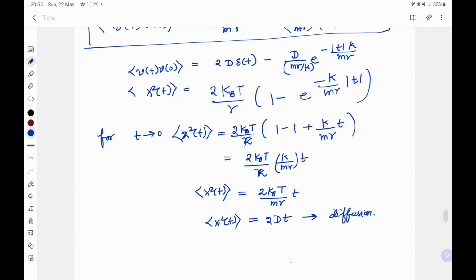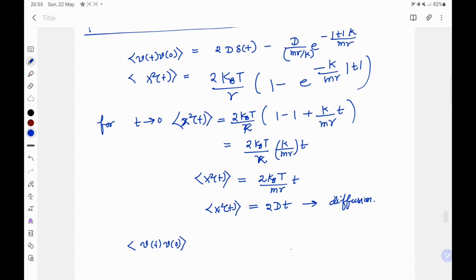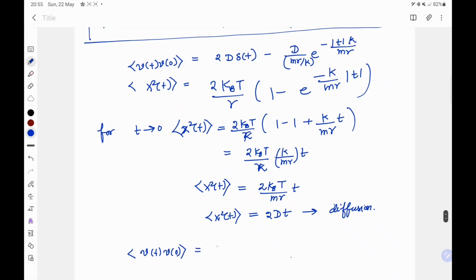And for the velocity correlation also, you can see that for very short time the delta term is dominating.